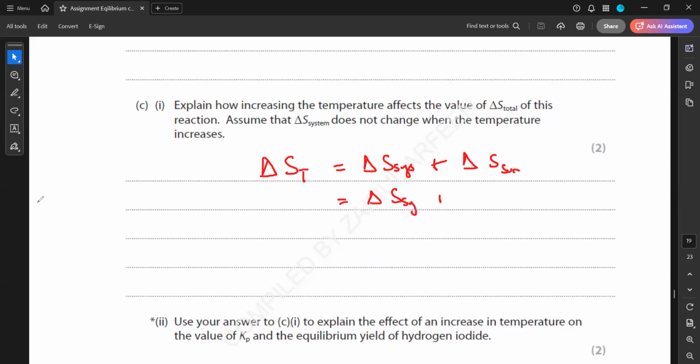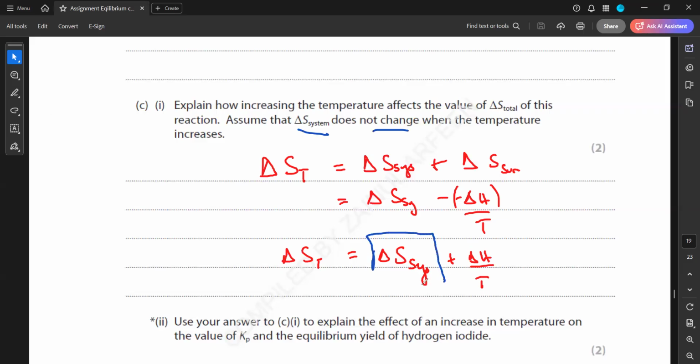The formula of entropy of surrounding is minus delta H over T. But the reaction is exothermic, so negative will be positive. So this will be entropy of the system plus delta H over T, which equals total entropy. Now, they already mentioned the entropy of the system does not change, so this is a constant factor. Delta H is fixed because the reaction is fixed.